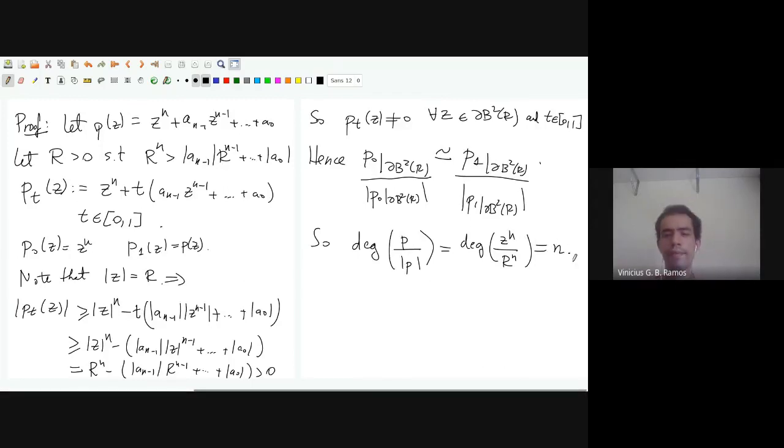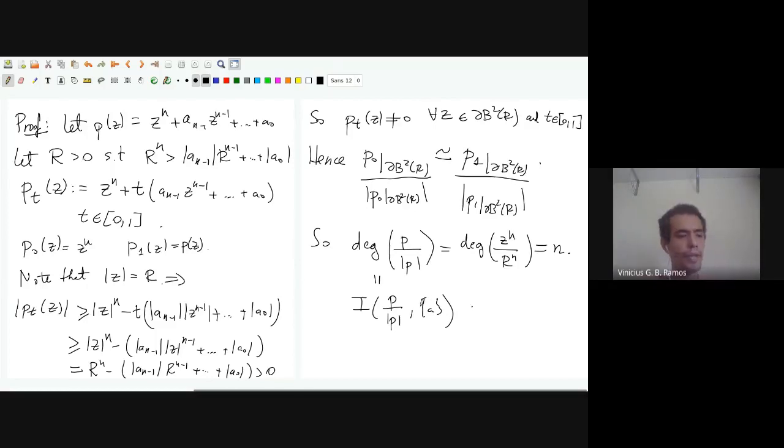Okay? So now, remember that the degree is just the intersection of this function with some regular value. Okay.